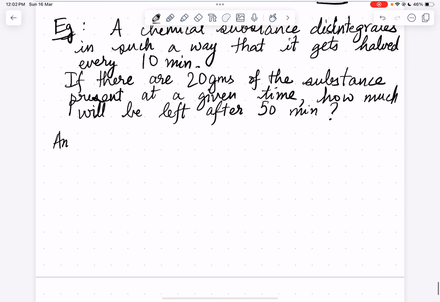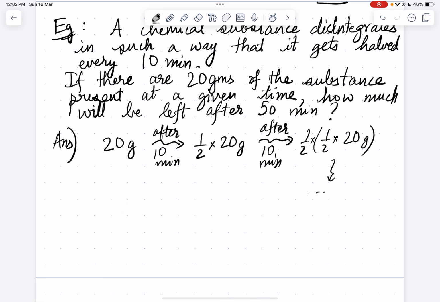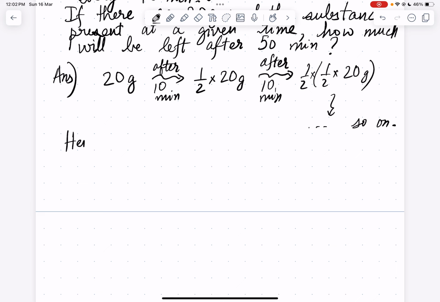So in the beginning there is 20 grams of the substance. After 10 minutes it gets halved, so it becomes half into 20 grams. After 10 minutes it again gets halved, so you get half into half into 20 grams, and so on.